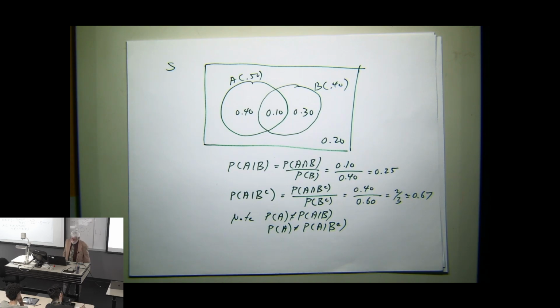And here's a very extreme one where, in fact, they have gone to the point that they are mutually exclusive or disjoint. Okay? If A occurs, B doesn't occur.